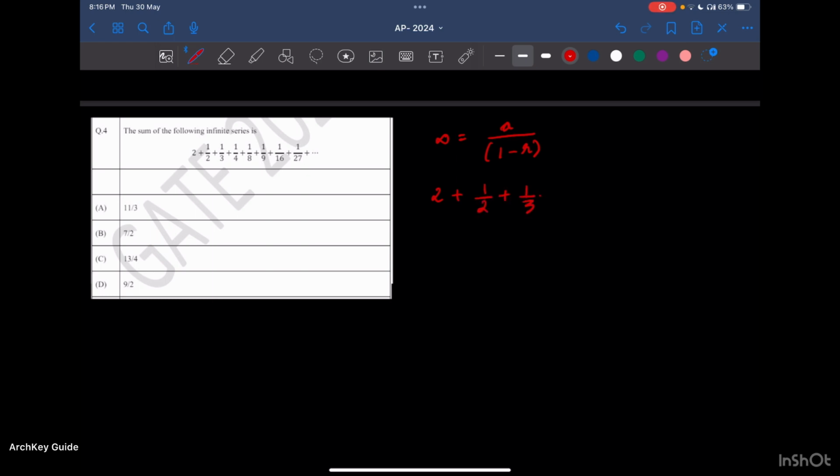Let's see. We are not going to miss any number that's been given in the question. One thing I notice is there are even numbers and there are odd numbers, as in the numbers which are divisible by 3. So I'm going to divide it into two parts. One is odd and one is even.